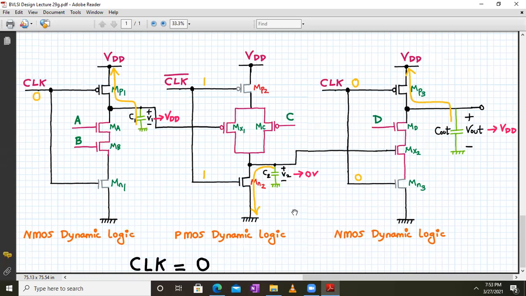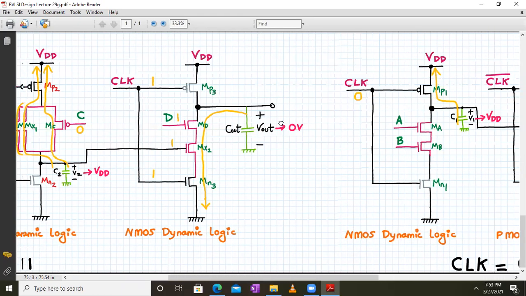All my NMOS dynamic logic stage outputs are VDD, and all my PMOS dynamic logic stage outputs are 0. So this is what happens when the clock is 0. During the pre-charge phase, all my NMOS dynamic logic pre-charges, and all my PMOS dynamic logic pre-discharges. That is what the meaning is.